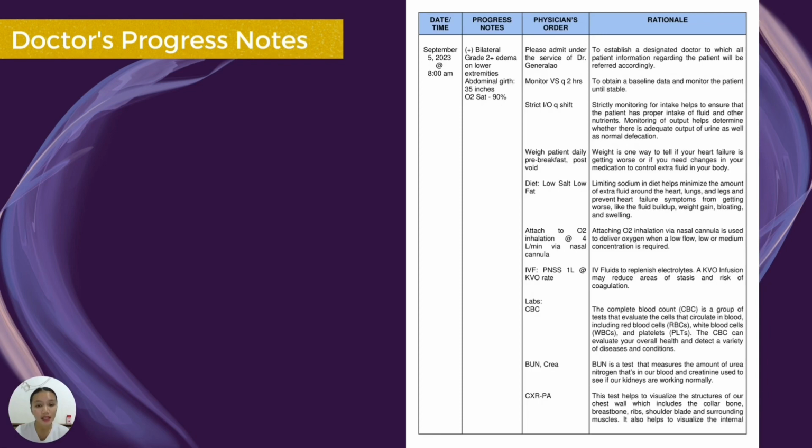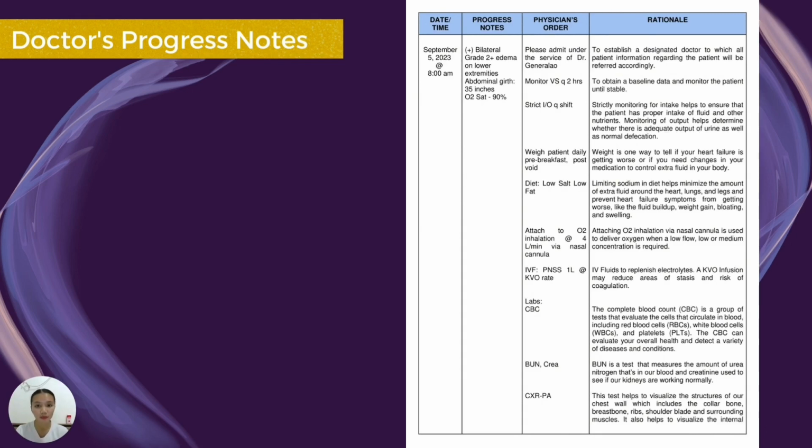Monitor vital signs every 2 hours to obtain baseline data and monitor the patient until stable. Strict input and output every shift because strictly monitoring intake helps ensure that the patient has a proper intake of fluid and other nutrients, and monitoring output helps determine whether there is adequate output of urine as well as normal defecation.